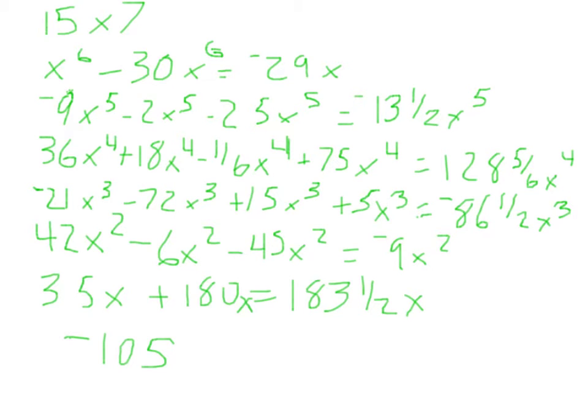Descending order means you're going to write the term with the highest exponent to the left, and then the next highest after that, and so forth.